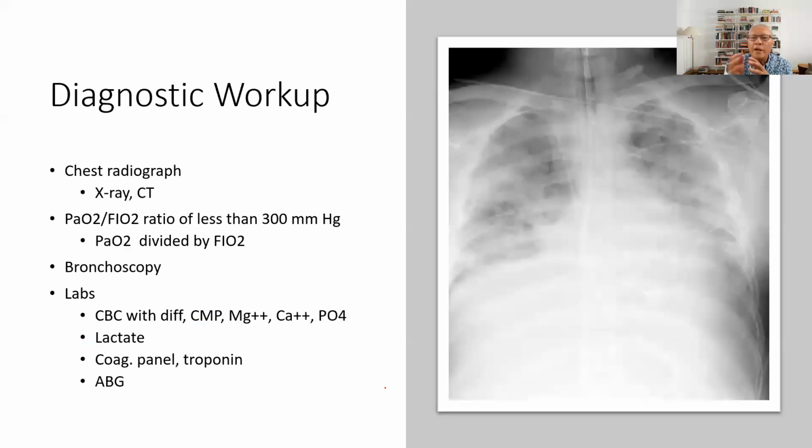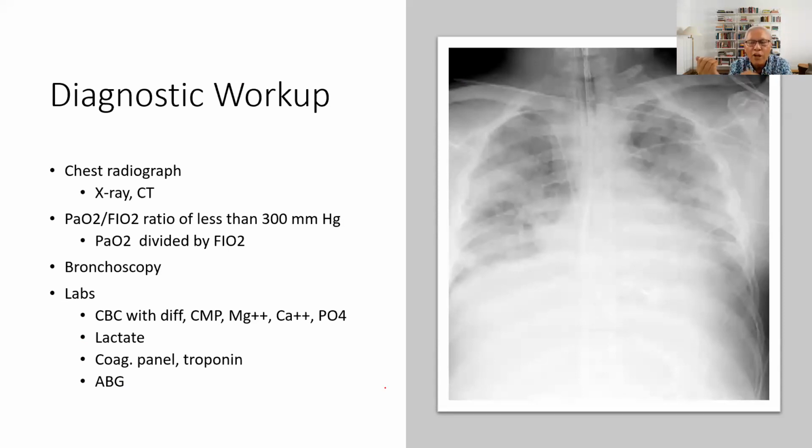All right, so what are the diagnostic markers or workup for these patients? Well, in order to have a diagnosis of ARDS, we have to base it on some criteria. These criteria include the acute onset as well as bilateral lung infiltrates on chest X-ray.